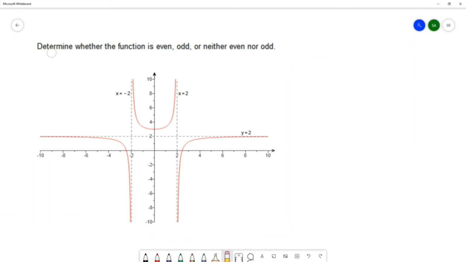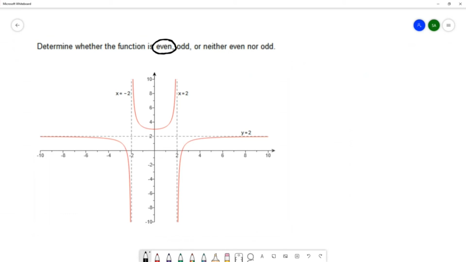For this question, we want to determine whether the function is even, odd, or neither even nor odd. And we're given this picture here to determine whether it fits into one of those categories, even or odd, or the catch-all category of neither even nor odd. So what does it mean for a function to be even?